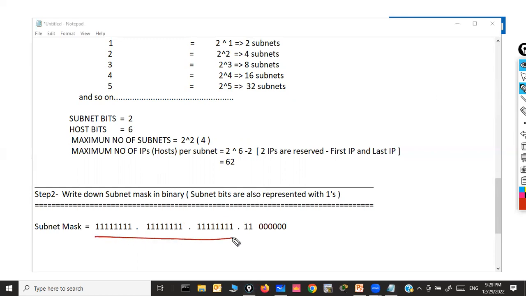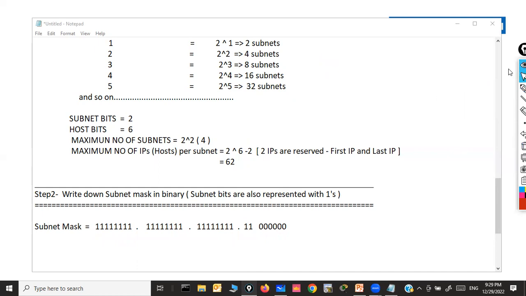Already 24 bits are for network, but now these 2 bits are also similar to the network bits. However, they are known as subnet bits, a small network, but in binary we use either zeros or ones. So subnet bits are also represented with ones and host bits as usual with zeros.